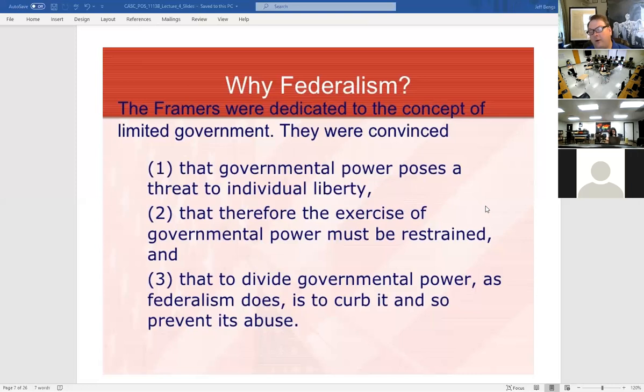Because even though in England you had a king and a parliament, the king could be a tyrant and use his power to abuse his subjects.